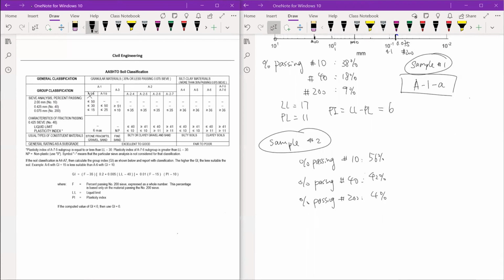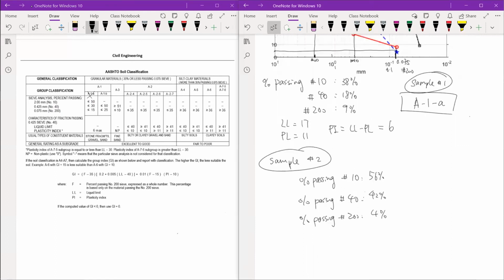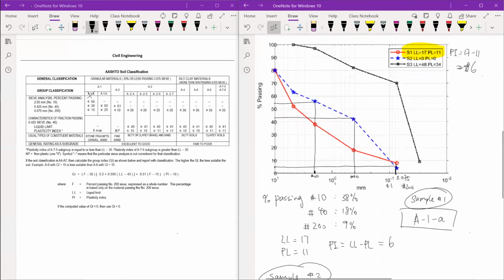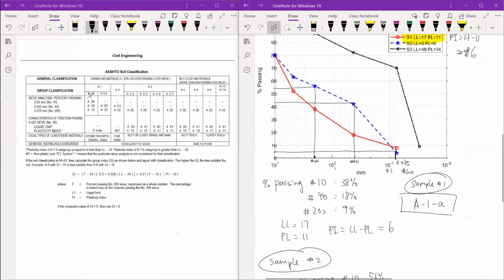But for the case where we have less than 50% passing number 40, and only 4% passing number 200, which is way less than 25%, and we check our PI values, this case is non-plastic for all of them.